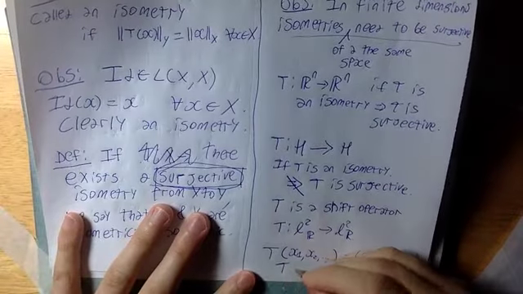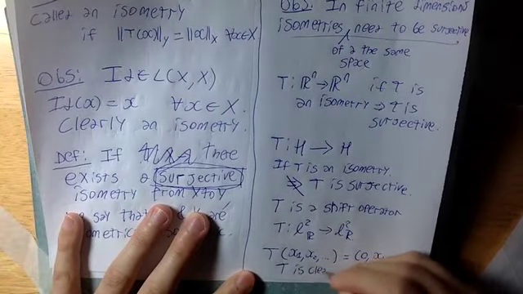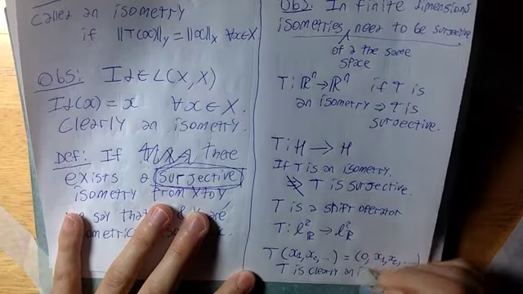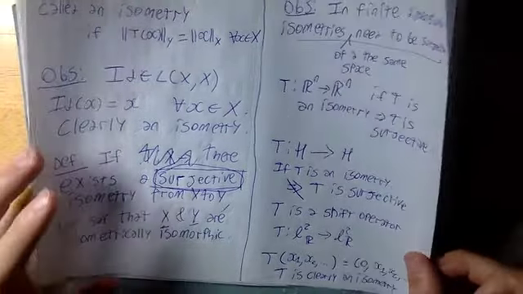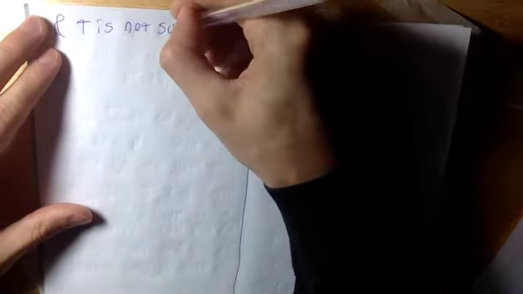T is clearly an isometry, and T is not surjective.